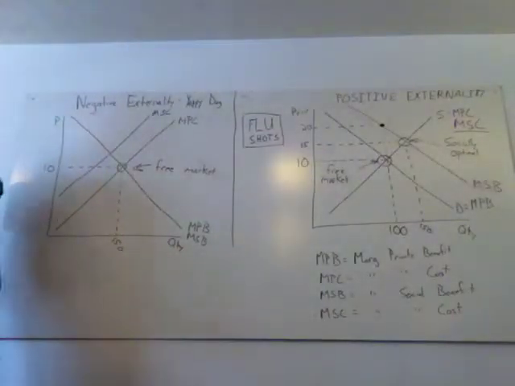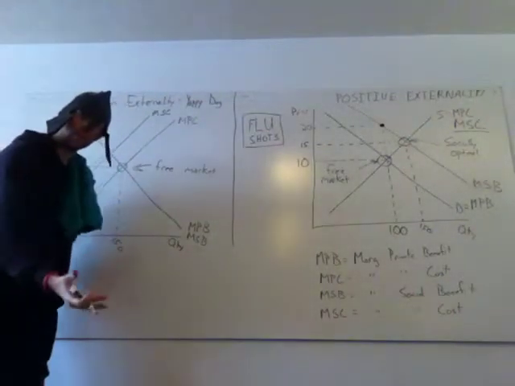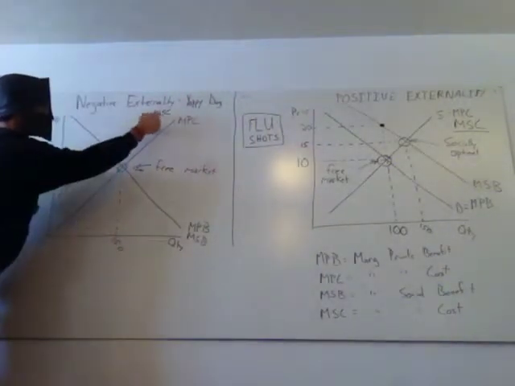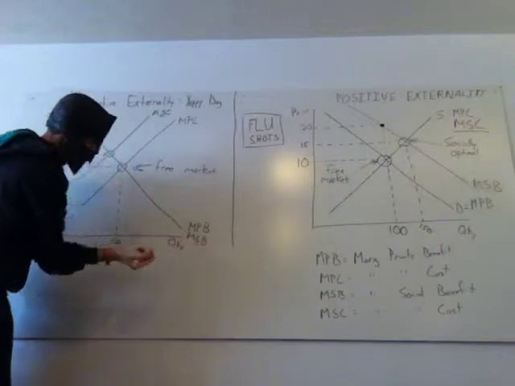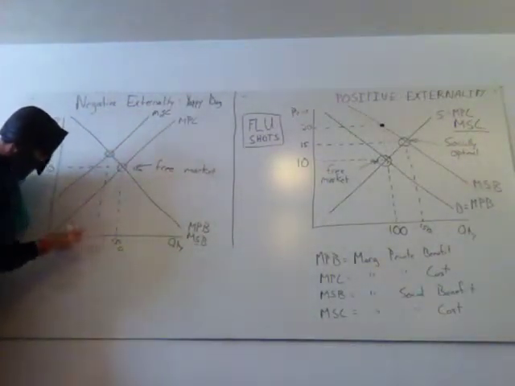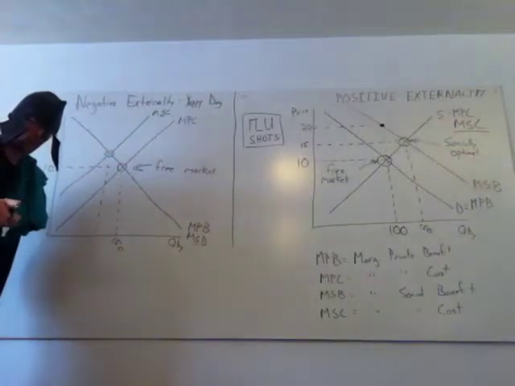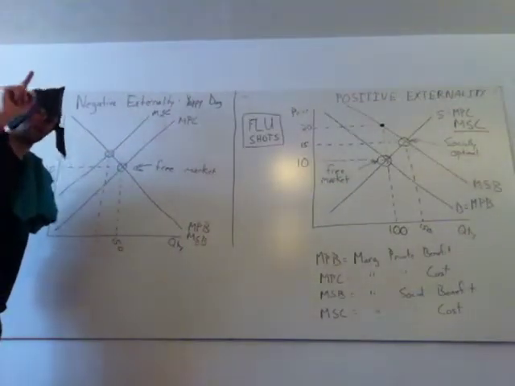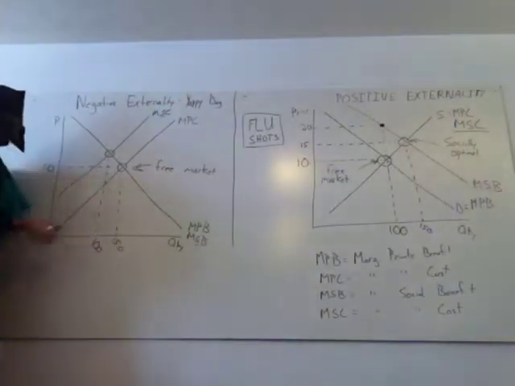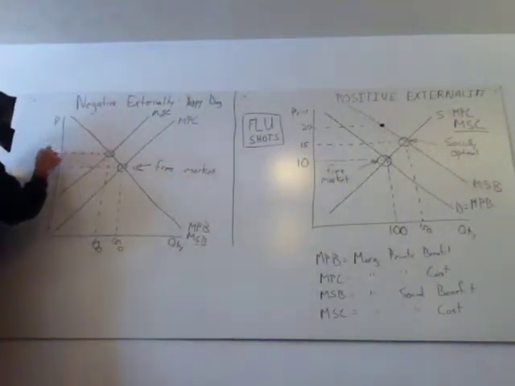Alright? Now, if we worry about everybody, we're going to go to our socially optimal. That's up here. So we got our social cost, and again, our social benefit. There's only one benefit. You'll notice the quantity is, fill in the blank for me, lower than the free market one. So say 100. And we'll make this 15.